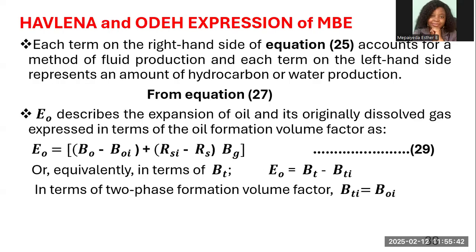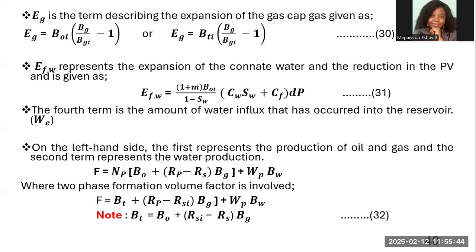So if we go back to this slide, your Eg is the term describing the expansion of the gas cap gas, which you have here. Your Eg is Boi times Bg over Bgi minus 1. When you have your two-phase formation volume factor, where your Boi equals Bti, it will be Bg over Bgi minus 1 multiplied by your Bti because it's already in the saturated state. So it can either be this or this, when it is in the saturated state.